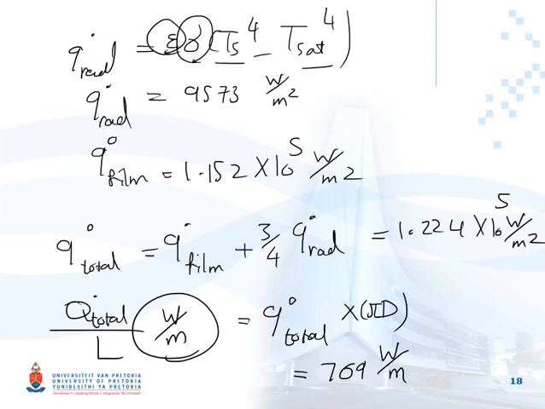The only difficult part would be going to the table and reading the properties at the right temperature and from the right table. If you don't mix that up or make a mistake there, everything will be very simple, and you just put those numbers into the correlation and you will get the answer.